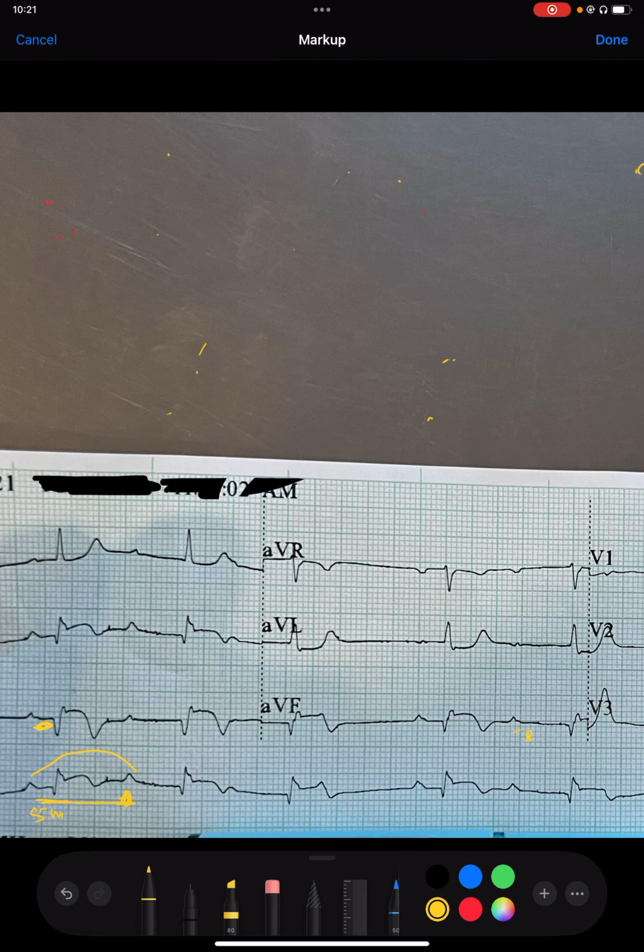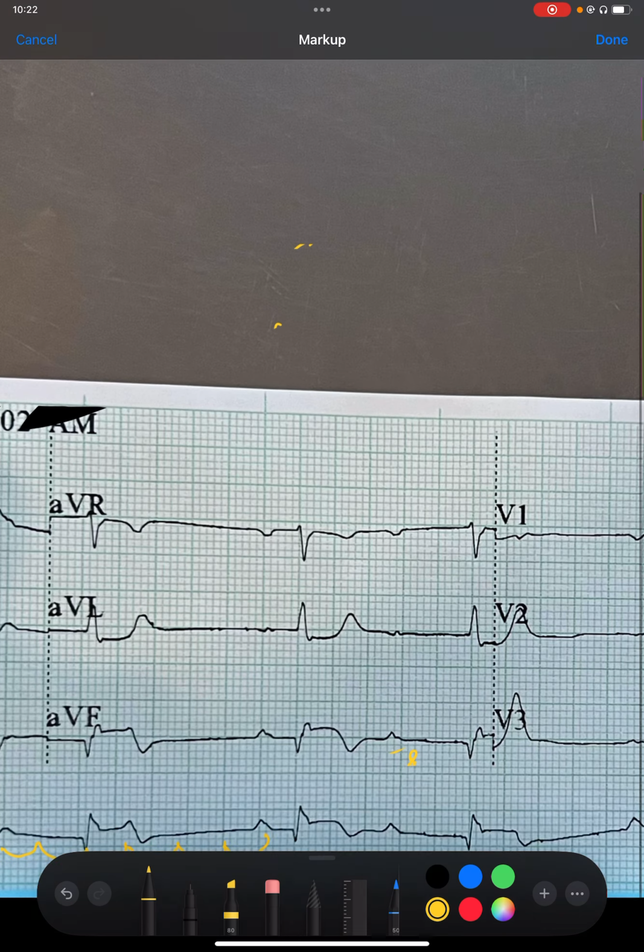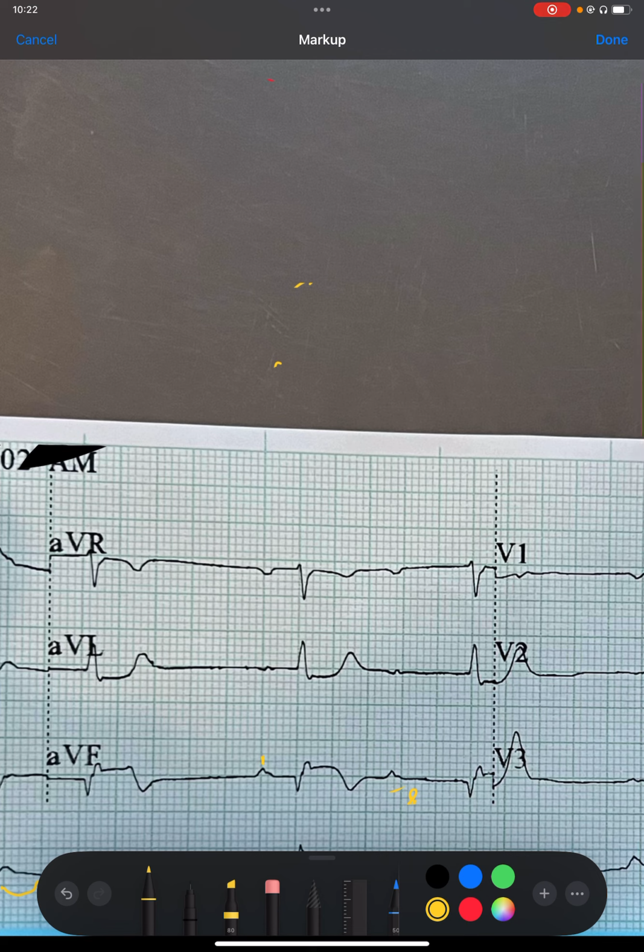If you can see here, this is one large box, two large boxes, and three large boxes. If you consider this as P, then one small box, two small boxes, and three small boxes. So here also, this is the P wave. This is one small box, two small boxes, and around three small boxes.